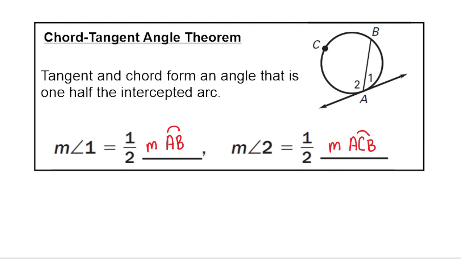Actually, I'm going to do this another way. So angle 1 is half of that arc, basically where that angle intercepts that arc. Then the measure of angle 2 is half this bigger arc here, so half the measure of arc ACB. Color coding it for you guys.